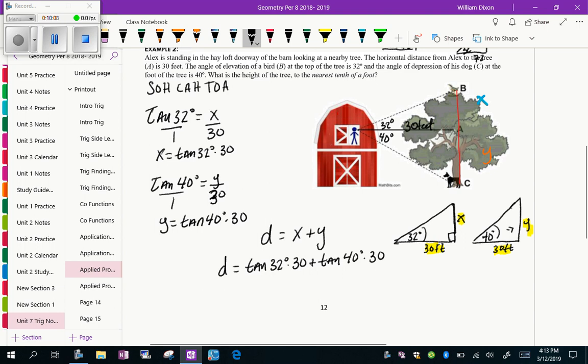And when I plug them in my calculator, I'm going to get my distance, or my height, equals 43.9.